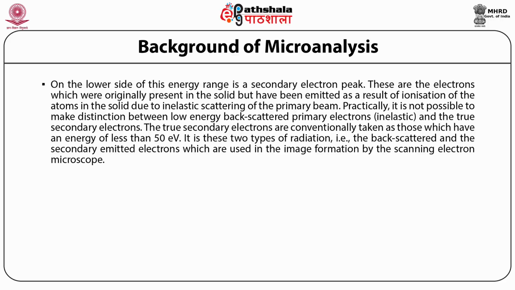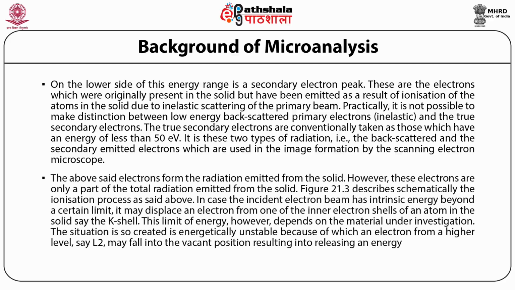It is these two types of radiation, that is, the backscattered and the secondary emitted electrons, which are used in the image formation by the scanning electron microscope. Number 5. The above said electrons form the radiation emitted from the solid. However, these electrons are only a part of the total radiation emitted from the solid.